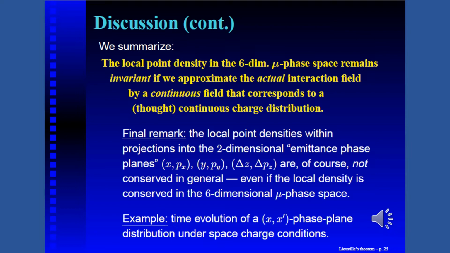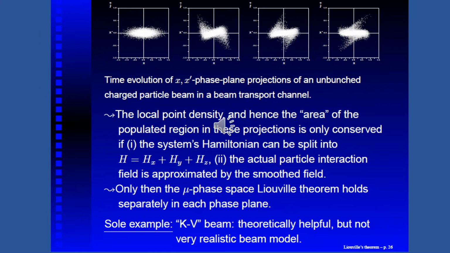Example: the time evolution of an x-x prime phase plane distribution under the space charge distributions. Here you can see the graphical representation. The time evolution of x-x prime phase plane projections of an unbunched charged particle beam in a beam transport channel.